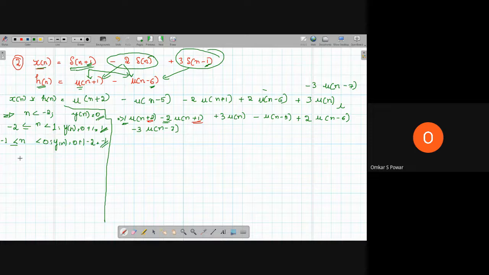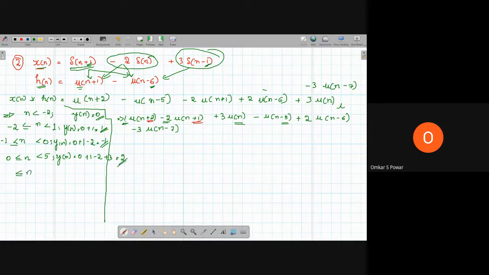Step by step we will go. Slowly we will go. Don't worry about that. Okay. Then n from 0 to n is equal to 5. So 0 to 5. What is the value of y of n? 0 plus 1 minus 2 and plus 3, which is equal to 2.